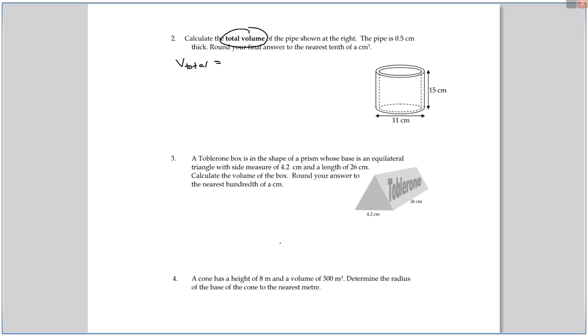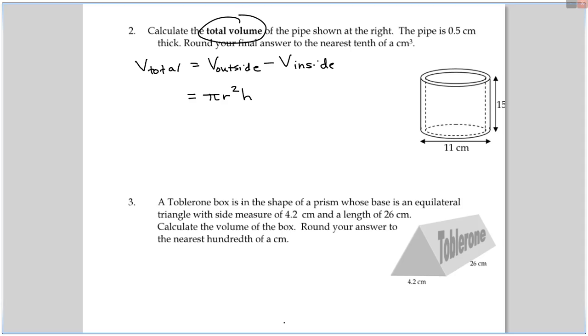Okay, it's the volume of the outside take away the volume of the inside. Because it's like you're hollowing out a cylinder with another cylinder. Okay? So the formula for cylinder is pi r squared h. Okay? Pi r squared h.